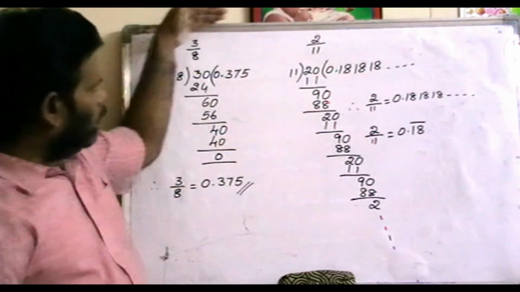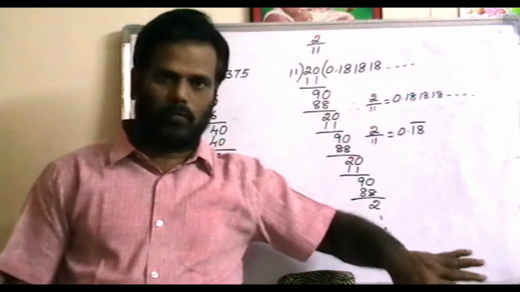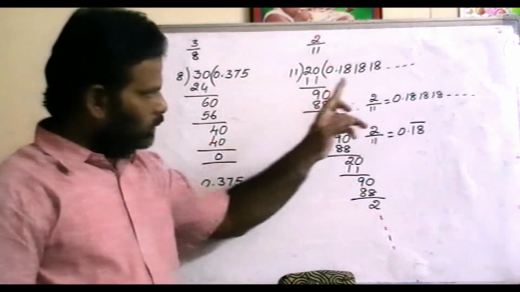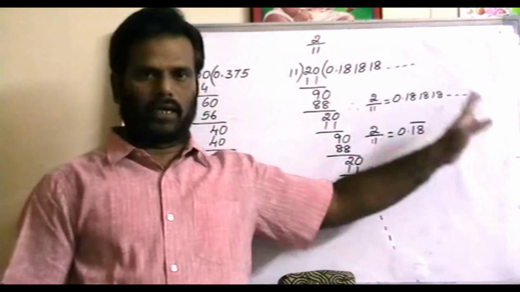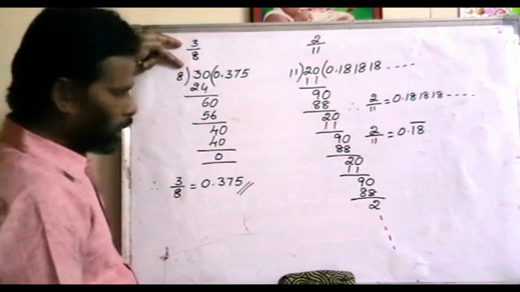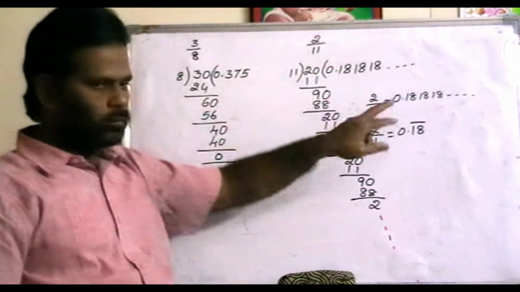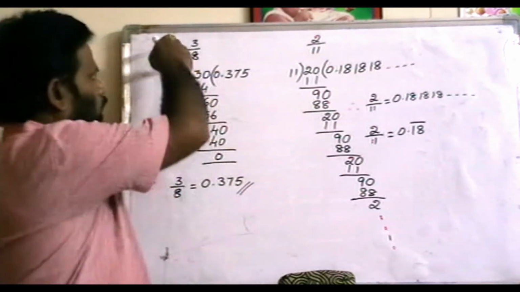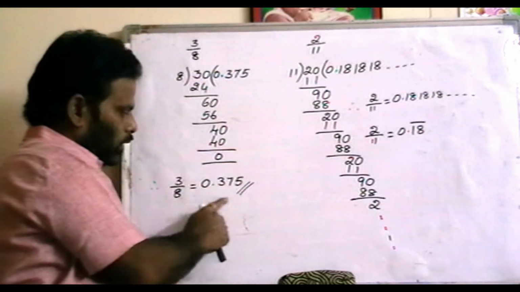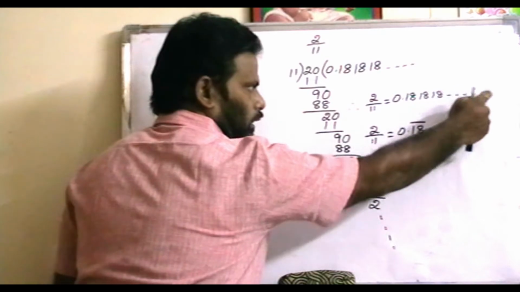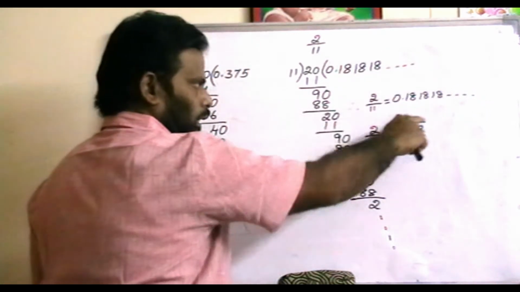So if any rational number we change into the decimal form, either it is a terminating decimal, otherwise it is a non-terminating recurring decimal.